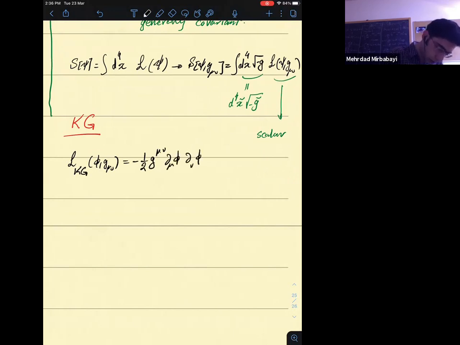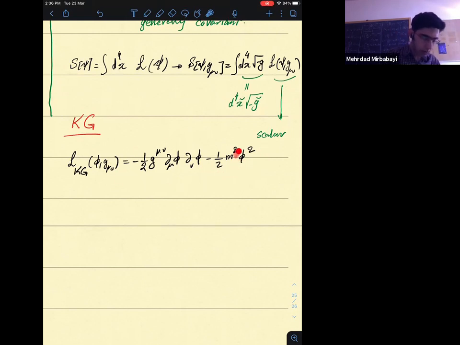Notice that my choice of sign depends on the signature of the metric. So you might have seen the first term with a different sign, and that is because that was written in a different signature. So as you see now, I have written the Klein-Gordon Lagrangian in a generally covariant way.